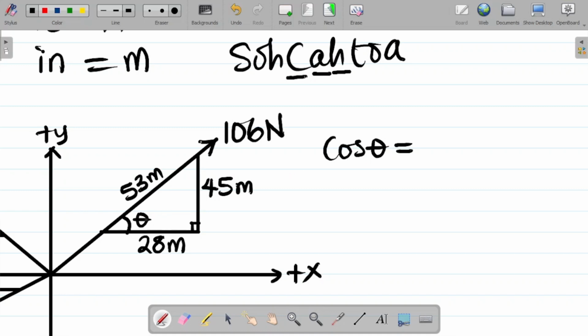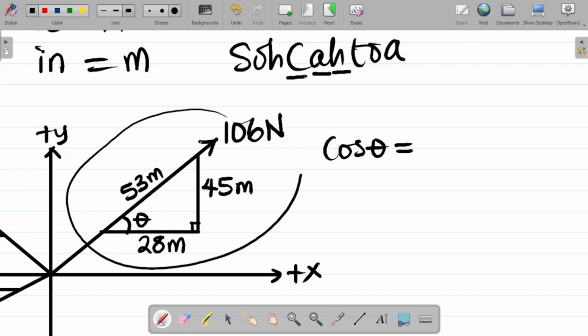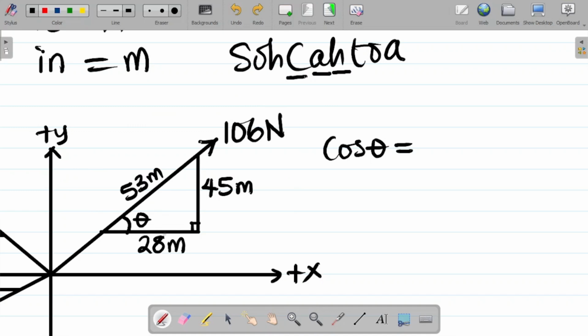For this angle, considering this diagram, the adjacent is actually 28 and the hypotenuse is 53. So adjacent over hypotenuse becomes 28 over 53.